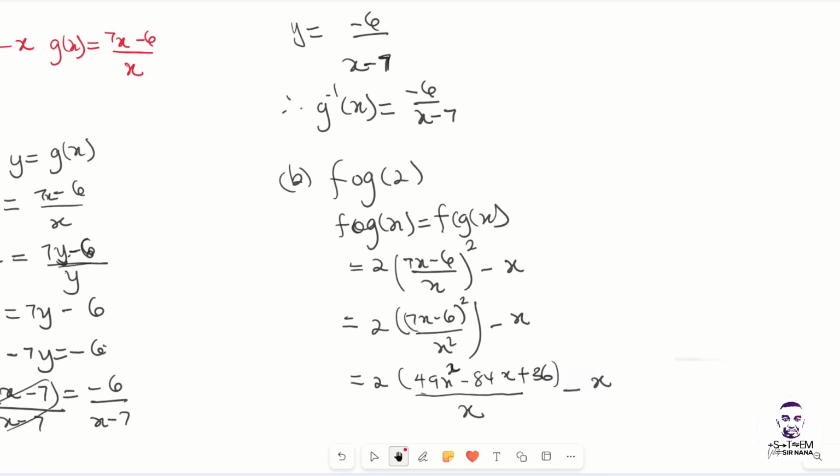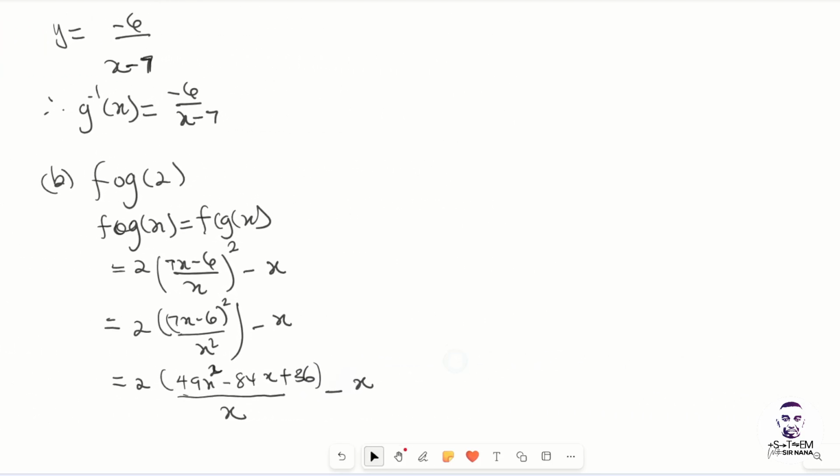So we have 2 multiplied by 49, which gives 98x squared, then 84 multiplied by 2 gives 168, so minus 168x, and 2 multiplied by 36 gives 72, so plus 72, all over x, minus x.